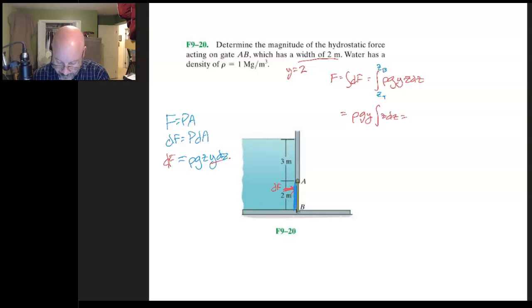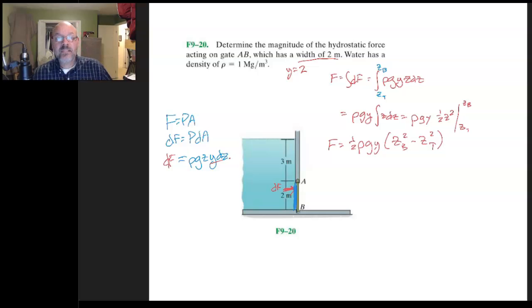Now if I do my antiderivative, I've got rho g y times 1/2 z squared from z at the bottom to z at the top, which means my force turns into 1/2 rho g y times zb squared minus zt squared.